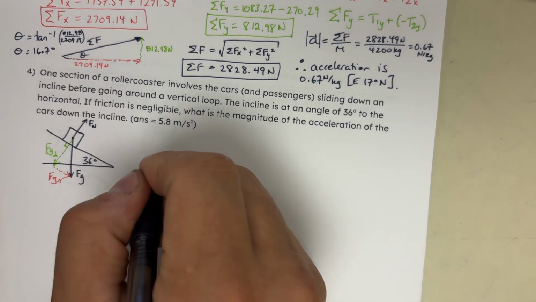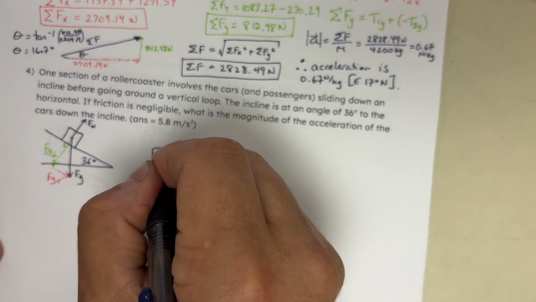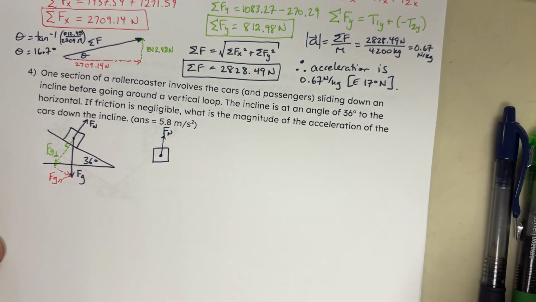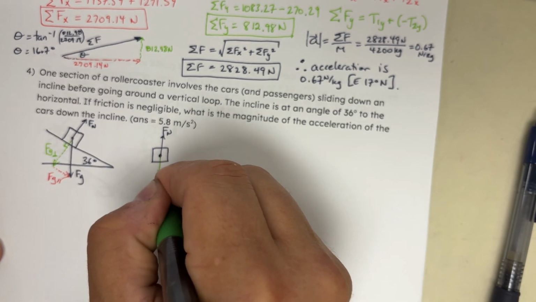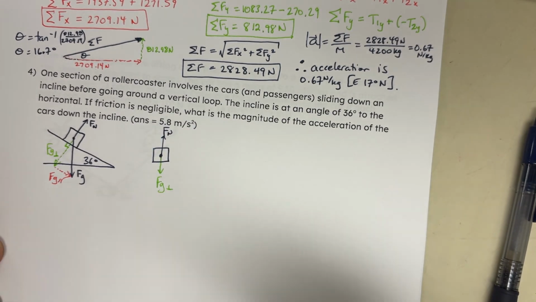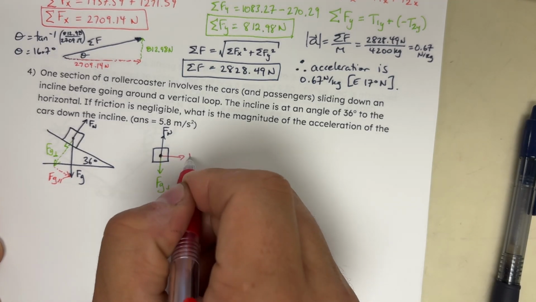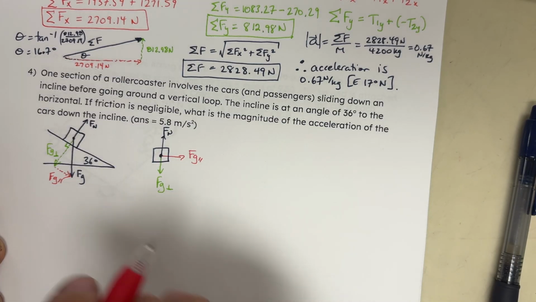So if I'm going to just draw my quick little free body diagram, not on an angle, I have my normal force kind of balanced out by my perpendicular component of my gravity, and then I have the parallel component, which is really what's going to be the unbalanced force that's bringing this forward.